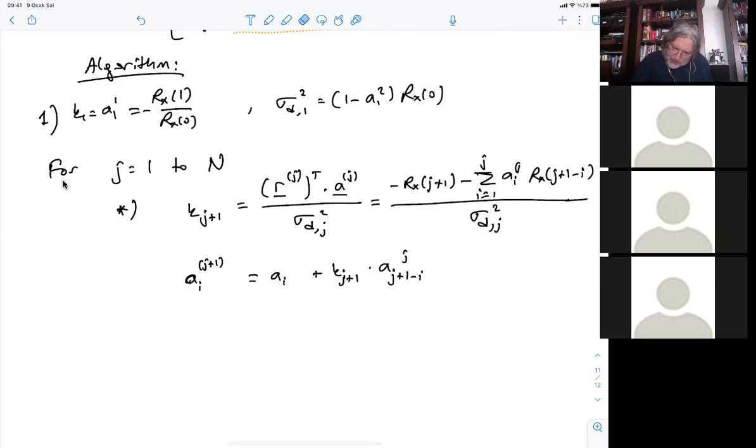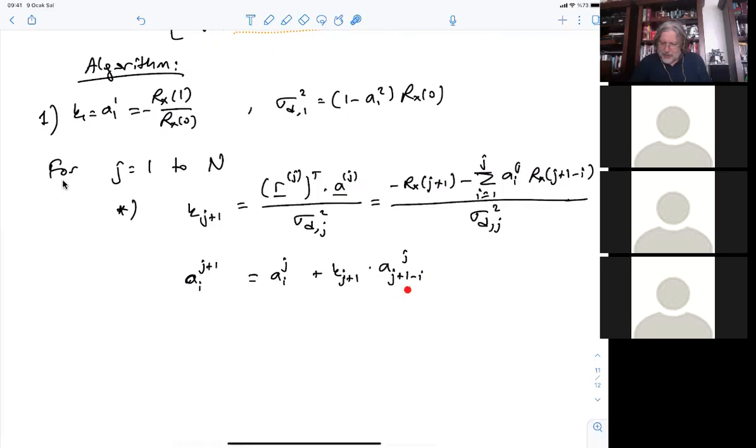So let me remove the parentheses, because I'm using the parentheses for the vector-wise things. This is just j plus 1. Let me just write it like this. So for example, if j is equal to 1, then i is also 1.